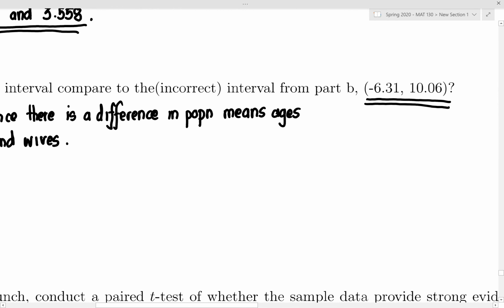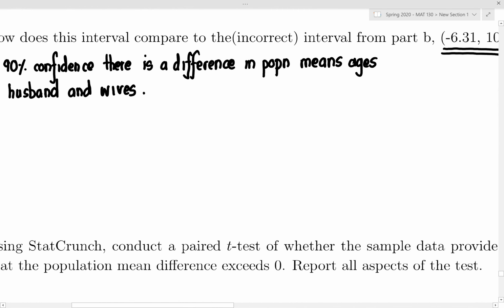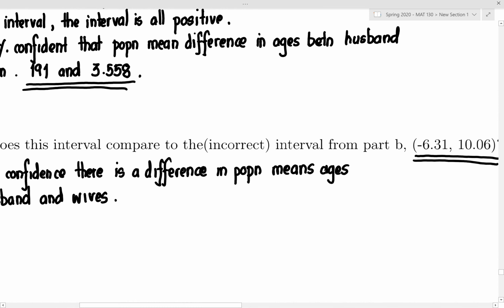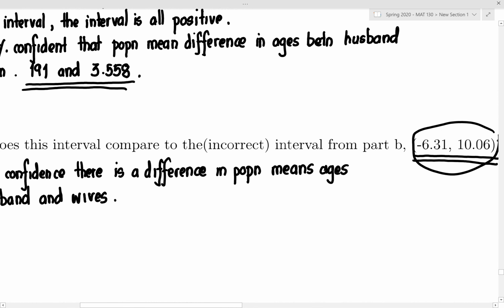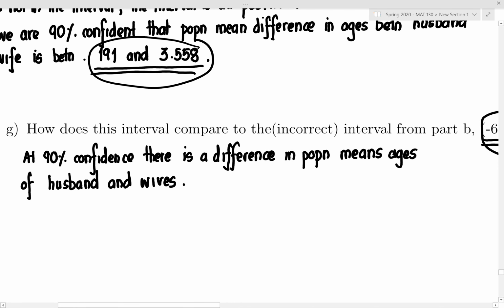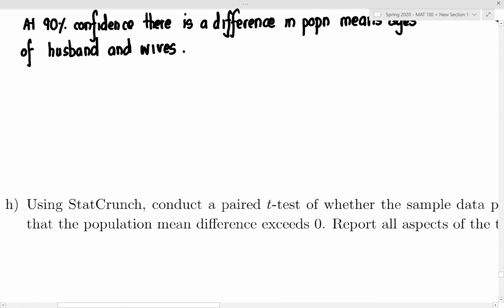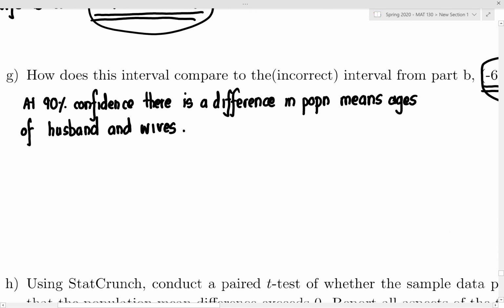Also, which of these intervals is smaller? Well, the correct interval is significantly smaller than the incorrect interval. And we're going to get to that in a second, why that is the case. So again, at 90% confidence, there's a difference in population mean ages of husbands and wives, and the correct interval is significantly smaller than the incorrect interval.